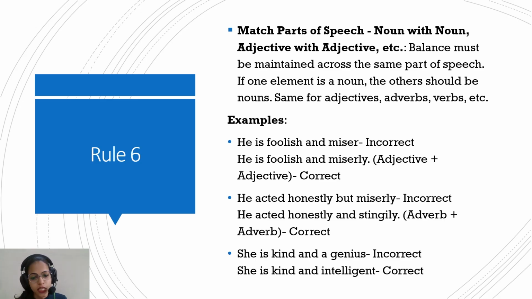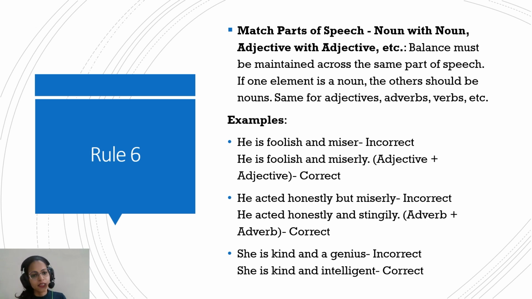He acted honestly but miserly. So, he acted honestly but stingily. Now, why do we say stingily? Because to convert miserly into an adverb, we would have to say miserlyly. Now, miserly modifies the verb, and in order to modify the verb, we have to tell how miserly he acted.